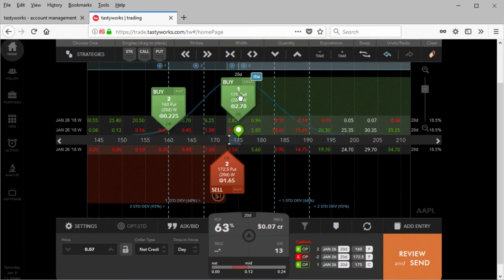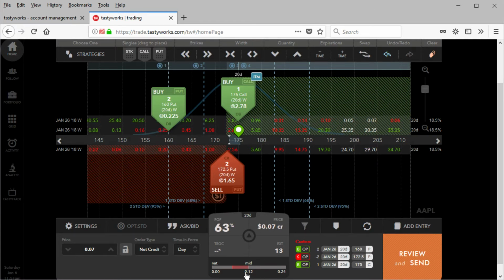So essentially, buying the 175 call for 2.78, the January 26th, and selling two 172.5 puts at 1.65 each, and then buying two of the 160 puts for somewhere around 23 cents or so. This is the put spread, and I'm doing a ratio of 2 to 1, because I want to have enough premium collected from selling this put spread to cover the cost of the call.